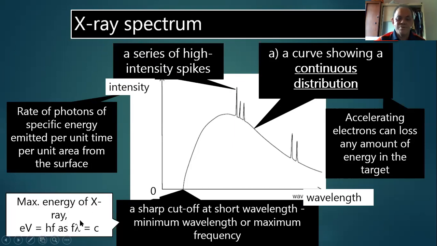As we have said, we must be able to explain that sharp cut-off: it is because of the kinetic energy of the electron. This is the X-ray that is produced. No heat loss. All the energy that we use to accelerate the electron produces the X-ray. That explains why we have a short wavelength here, or maximum frequency.